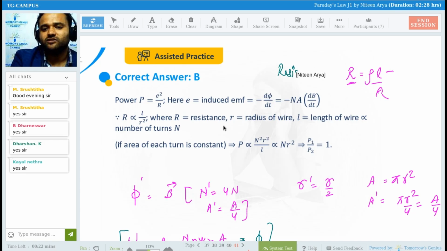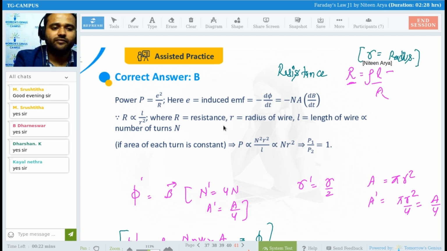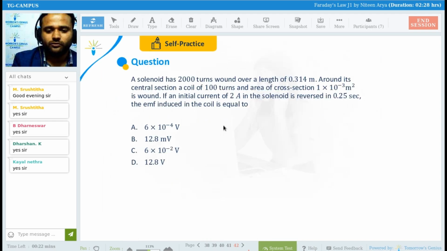This one is your resistance, and this one is your radius. Clear? Is this clear, everyone? I hope and believe it is clear. Should I move ahead or repeat this thing? I don't need to. Okay, do this.